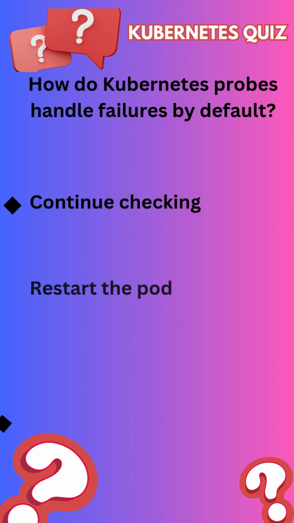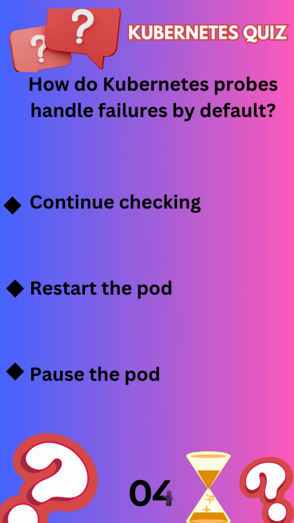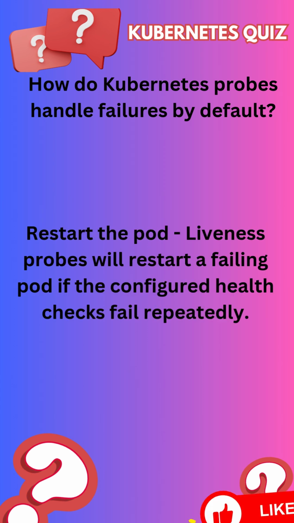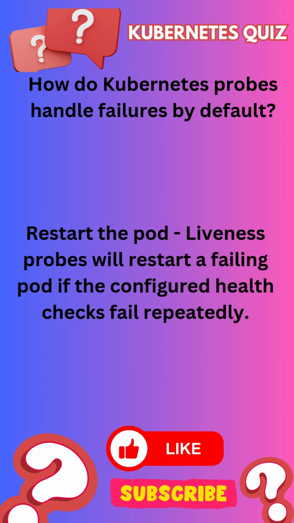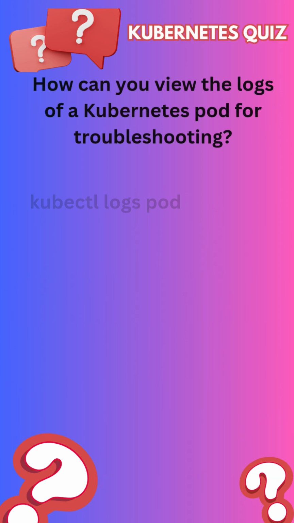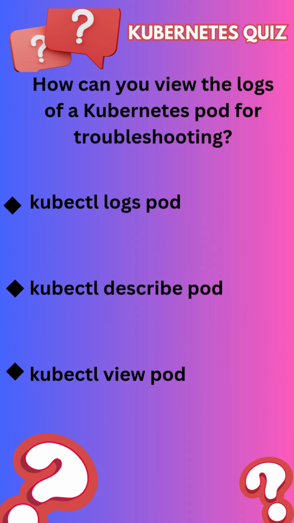How do Kubernetes probes handle failures by default? How can you view the logs of a Kubernetes pod for troubleshooting?